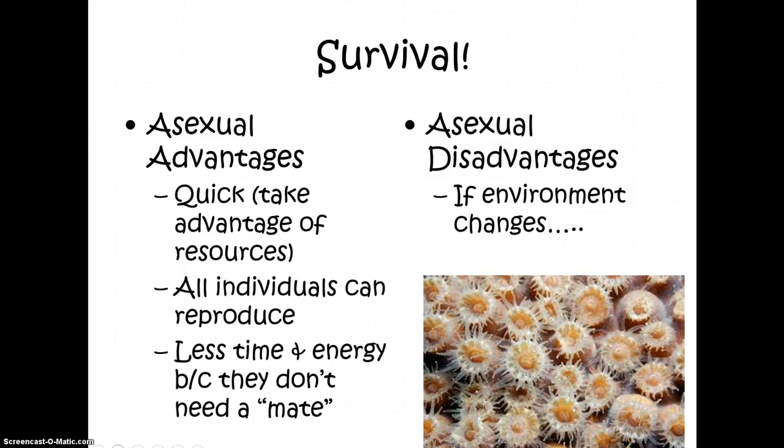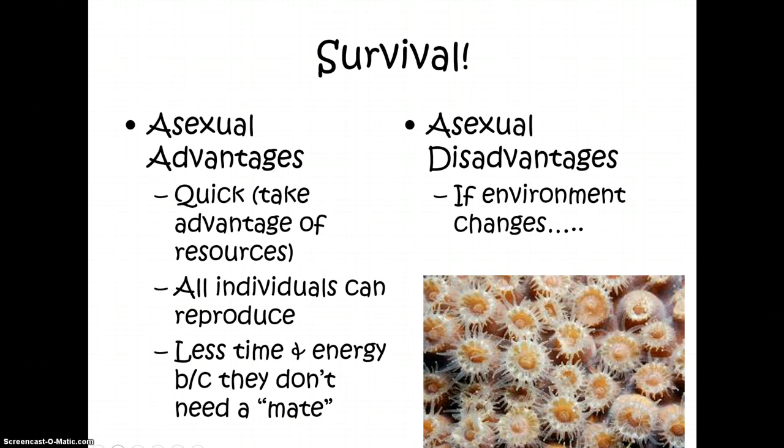Some disadvantages of asexual reproduction. If the environment changes, these guys are pretty much in a lot of trouble. You have a picture here on the screen of sea anemones. Sea anemones go through asexual reproduction, which means they're able to spread very quickly, which means there's lots of them and they can grow, no problems.